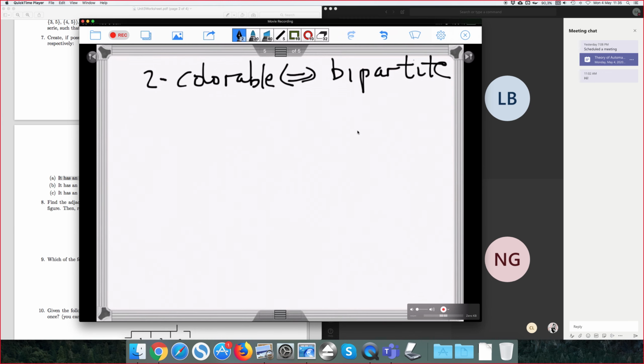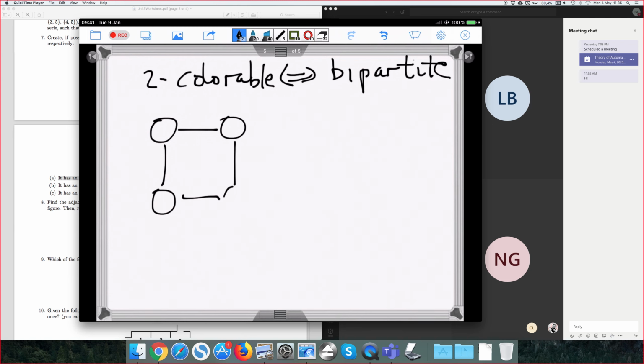Okay, so I can just do something like this, for instance. This graph has 5 vertices. It has an Eulerian cycle, because this cycle here, 1, 2, 3, 4, uses all the edges in the graph, and it's an Eulerian cycle, okay? But the graph is not connected, okay?